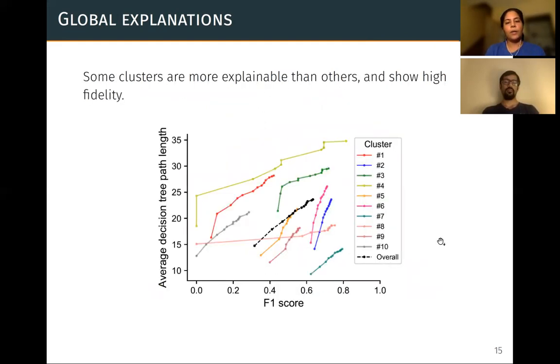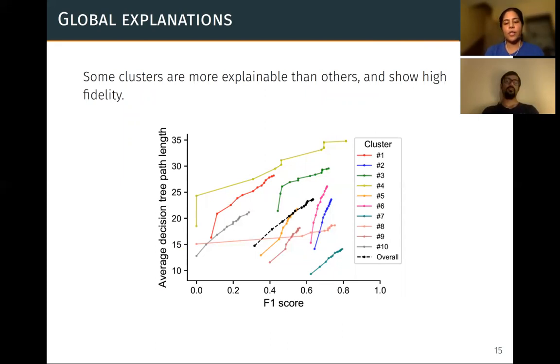So now we look at some of the results from generating these global explanations. What we find is that some clusters are more explainable than others and also show a high fidelity. Here, fidelity is represented by the F1 score, and explainability is represented by the average decision tree path length. So if the decision tree path length is small, that means the word has a smaller explanation and therefore is more explainable.